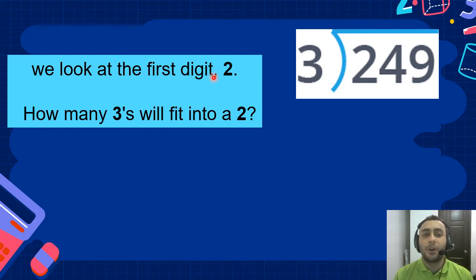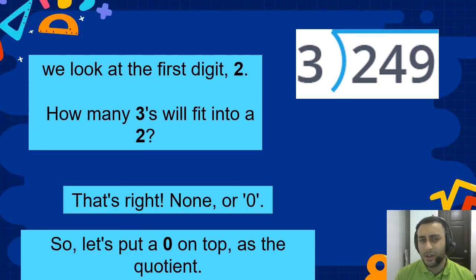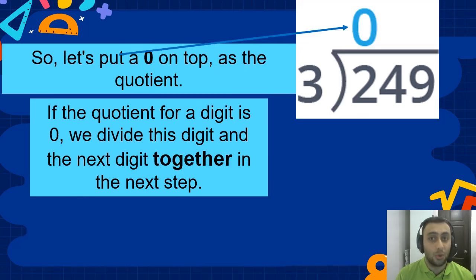So, it's easy. We look at the first digit, which is 2. We ask ourselves, how many 3's, which is our divisor, will fit into a 2? So how many 3's fit into 2? We know that you cannot fit 3 into 2. So the answer is none or 0. So let's put 0 on the top as the quotient, but not here, but on top of 2.